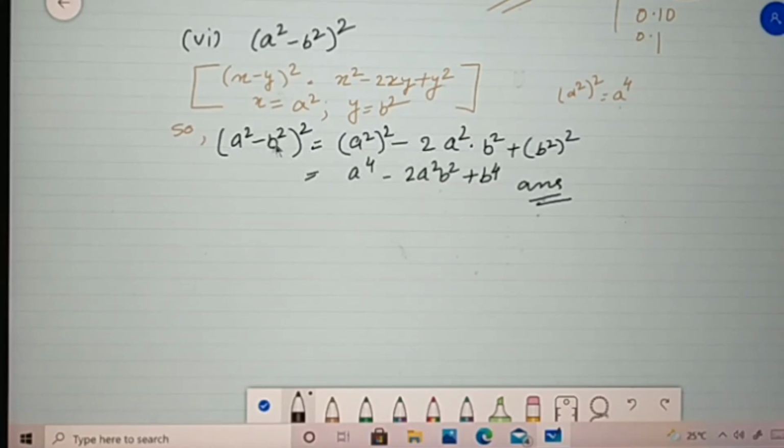So we expand: the square of the first term, that is (a square) whole square, minus 2 a square into b square, first term into second term, plus the square of the second term, (b square) whole square. Power to the power 2 to the power 2: a to the power 4, since 2 into 2 is 4. So we write a to the power 4 minus 2a square b square plus b to the power 4. So this is the answer.